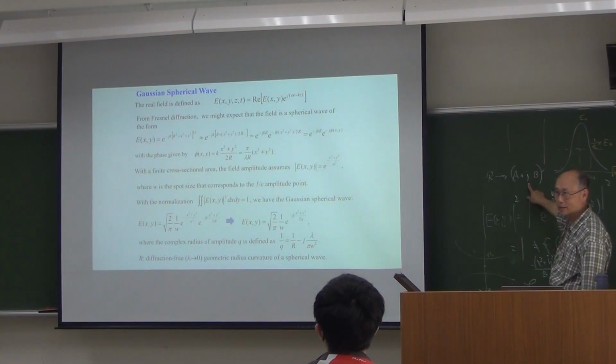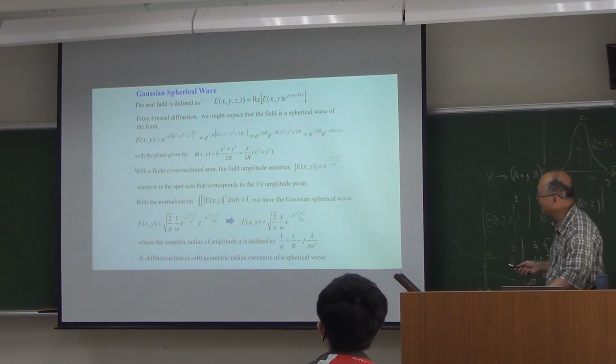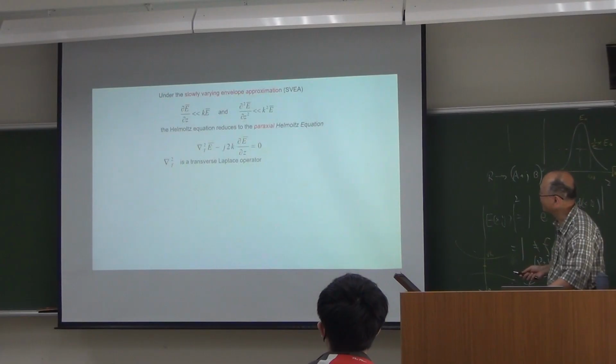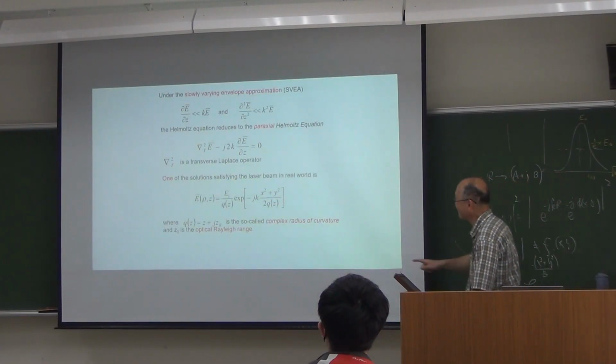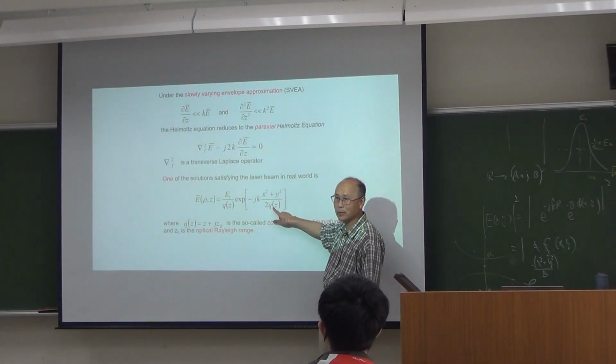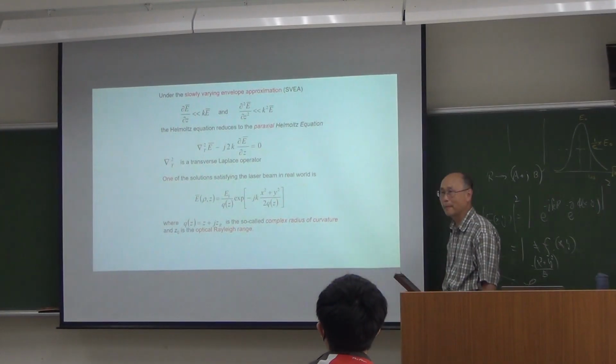We did this transformation to get the Gaussian laser beam. And you see that this is in fact what we are doing right here. See, this is radial curvature. We change this to a complex number to get the Gaussian laser beam. The same thing.